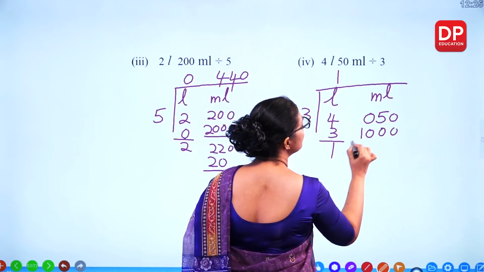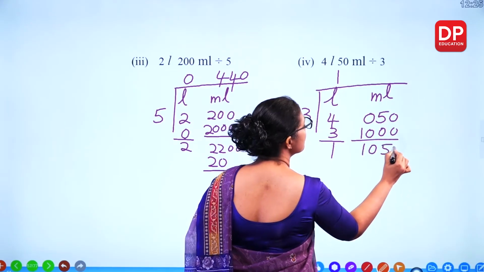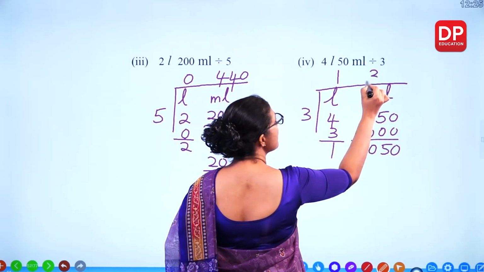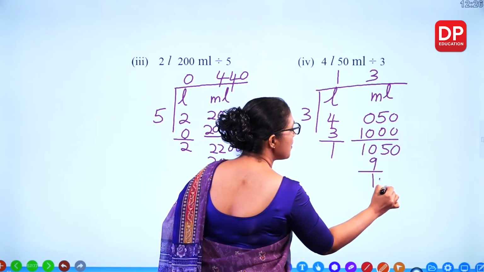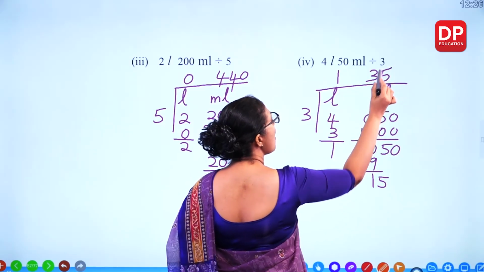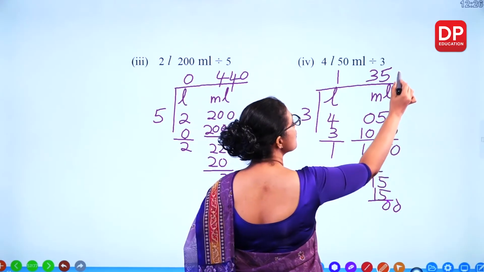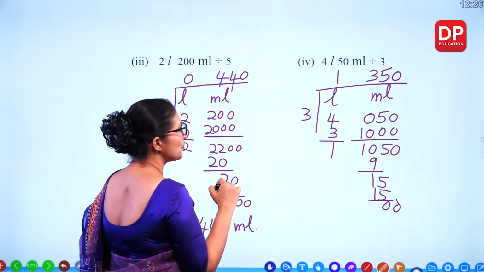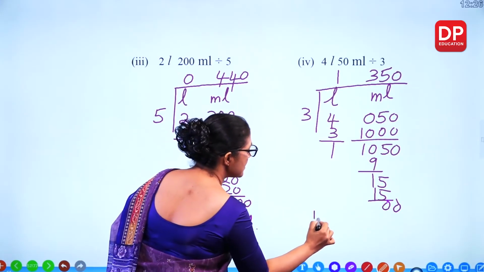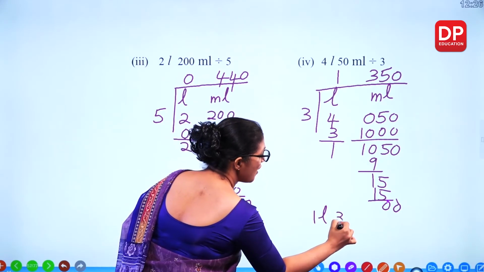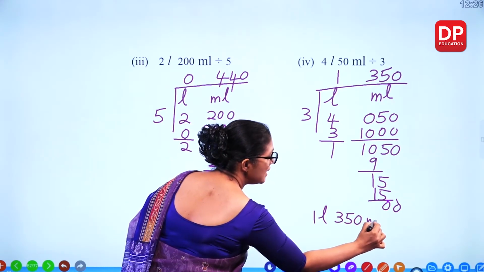So 1050. 3 times 3, 9. 1 remaining. For 15, that's 5. And you get another 0 here. So put 0. What's the answer? 1 liter and 350 milliliters.